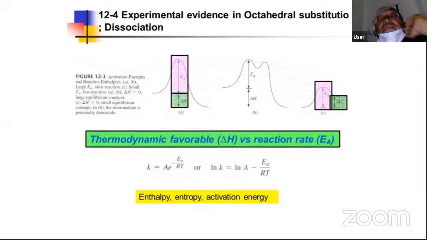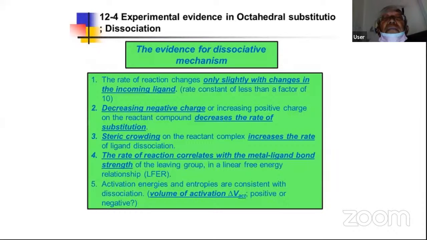Okay, next slide. All right, now these are the pieces of evidence for the dissociative mechanism. We have discussed the kinetics, we have discussed the thermodynamics. There are other factors like steric factors and also charge factors.